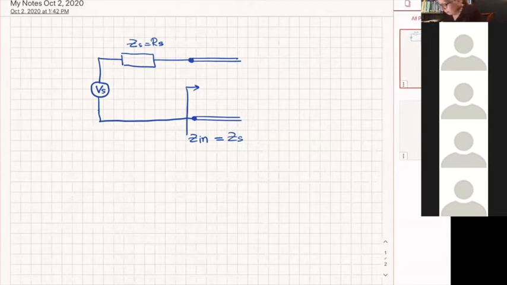You try to match them, and this is the most power delivered to your line. That's the best relationship for most power to be delivered from your source to your line, if they are real.